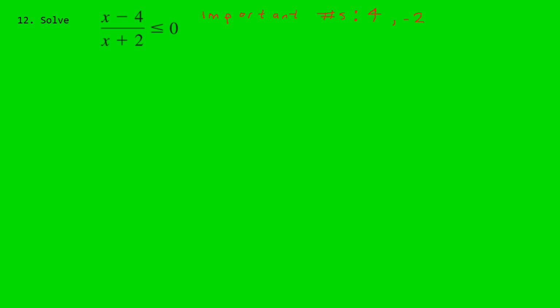So we'll make our big number line here: negative 2, 4. Our intervals are everything to the left of negative 2, everything between negative 2 and 4, and everything to the right of 4.